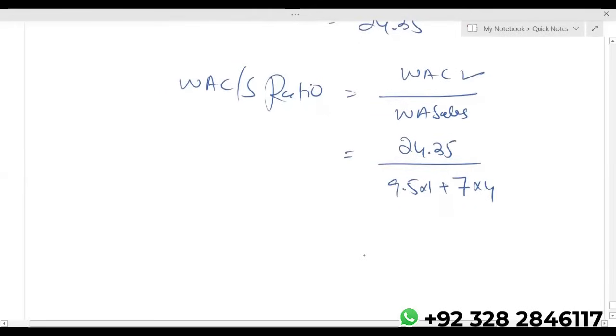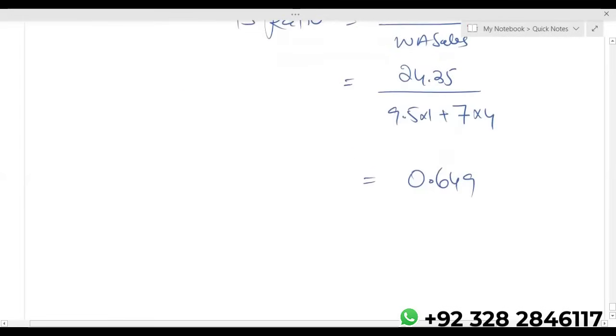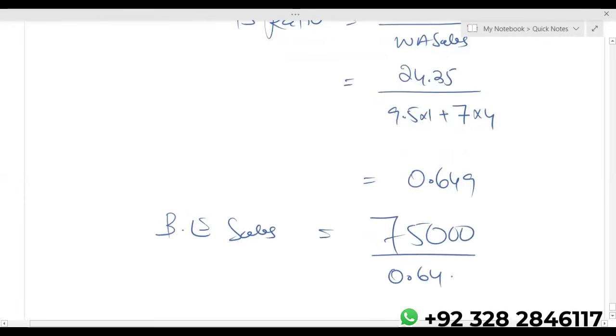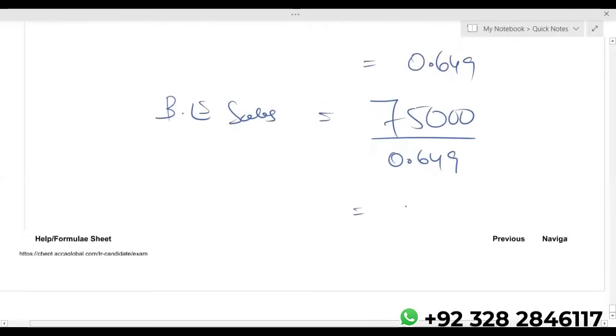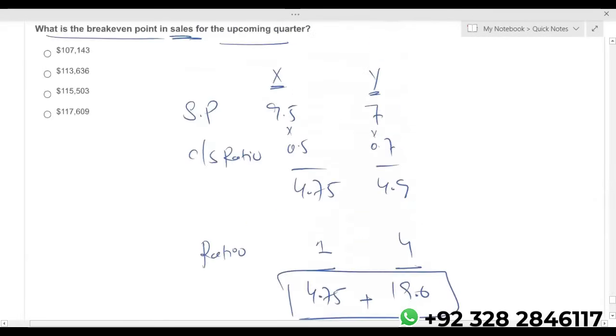So I'm getting a weighted average CS ratio 0.649. Here comes the break-even sales. Fixed cost, they have given us 75,000, divided by weighted average CS ratio 0.649. Students, I'm getting 1,155,624.